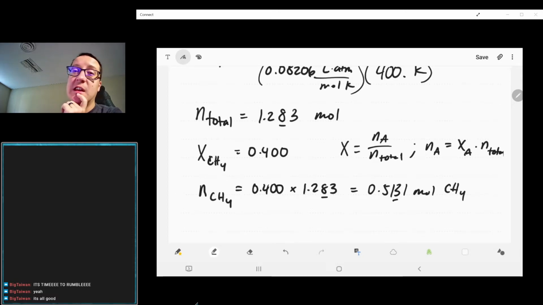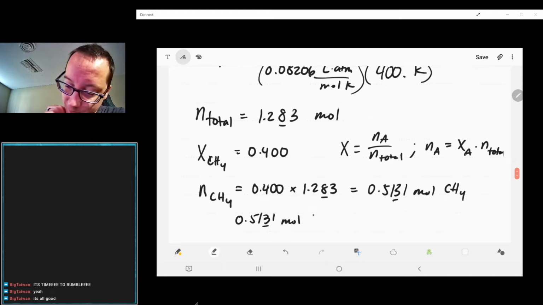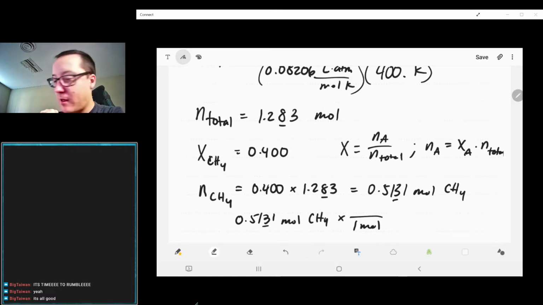And since the question did ask for mass, we're going to have to do that conversion too. So do you see all the fun stuff I can do with gas laws, just throwing the same equation at you, and you have to do all these extra calculations? Unit conversion after unit conversion after unit conversion. Okay, so let's take that number. The molar mass is about 16.04 grams: carbon plus 4 hydrogens, 12 plus 4.